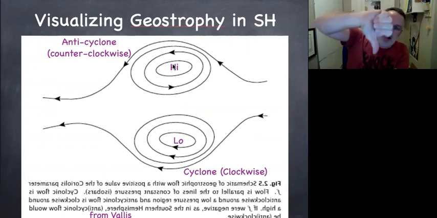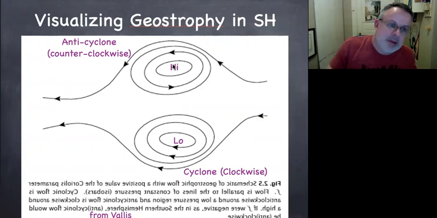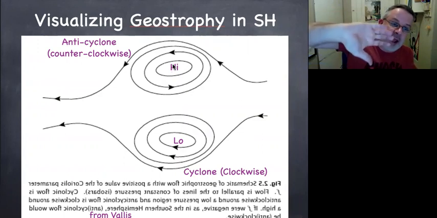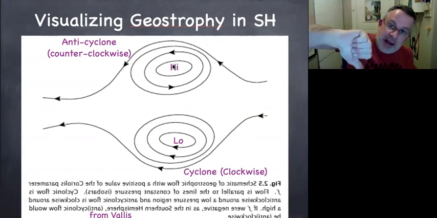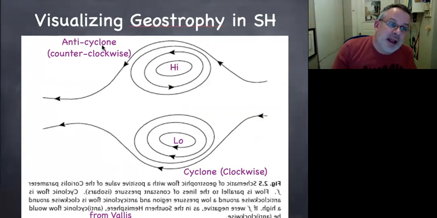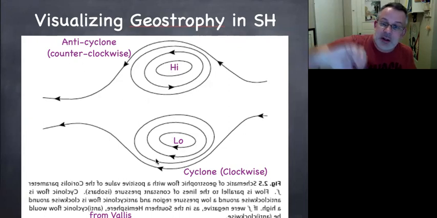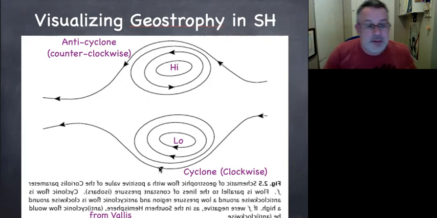So flip it upside down, right side up, down under, and we get a high pressure system with f being negative, going not in the direction your fingers curl, but the opposite direction. So an anticyclone is counterclockwise, still around a high pressure system. Low is now a cyclone, but a cyclone goes the other way. It goes clockwise in the southern hemisphere.